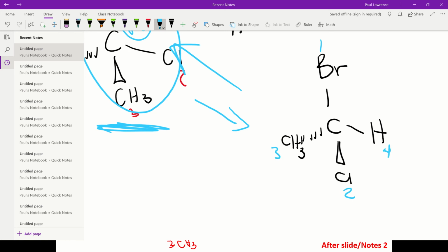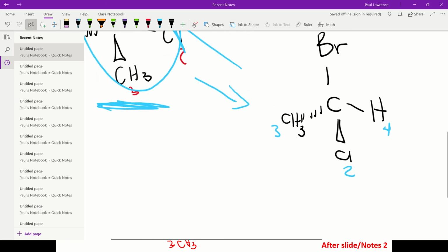Step 2, we clearly see that the lowest priority is not a dash. So that's a problem. We can't do the opposite trick because the lowest priority is not a wedge. So what can you do? You can do a switcheroo trick.